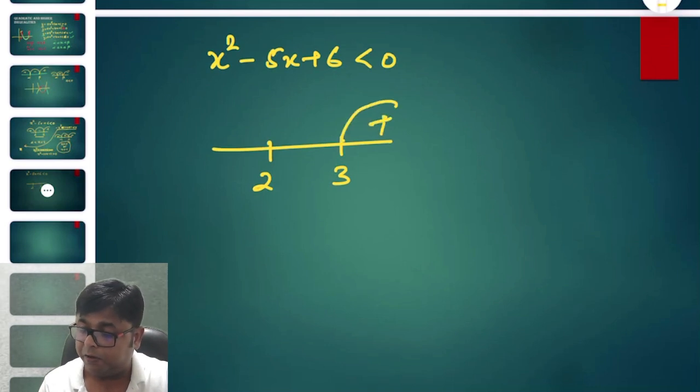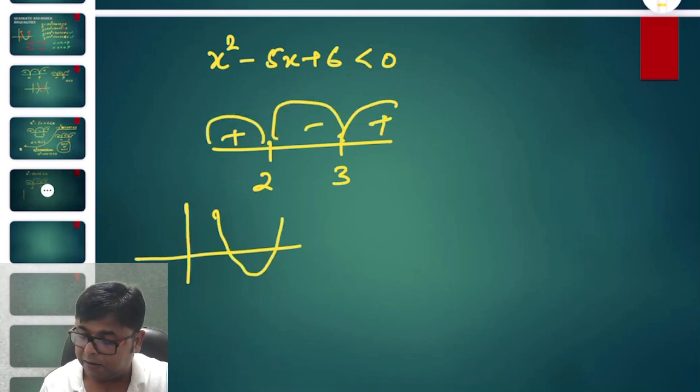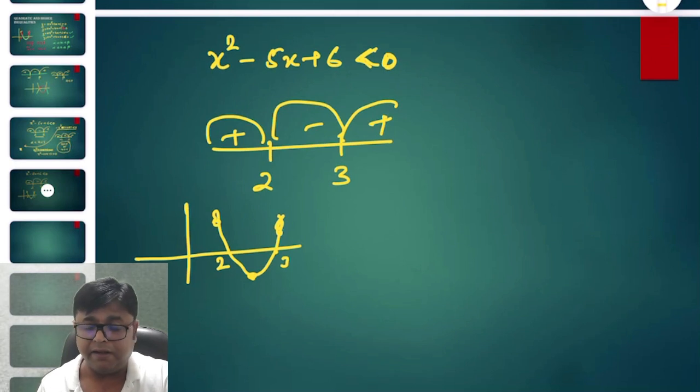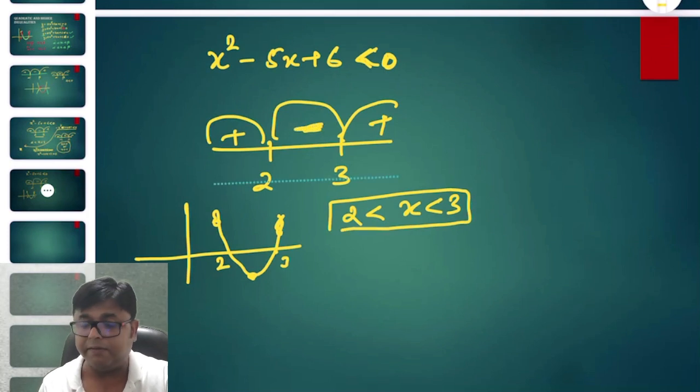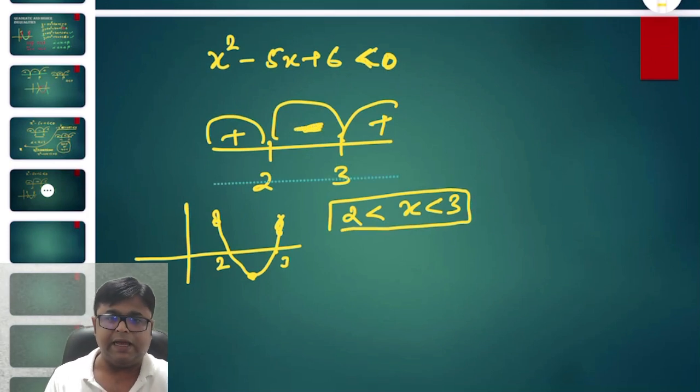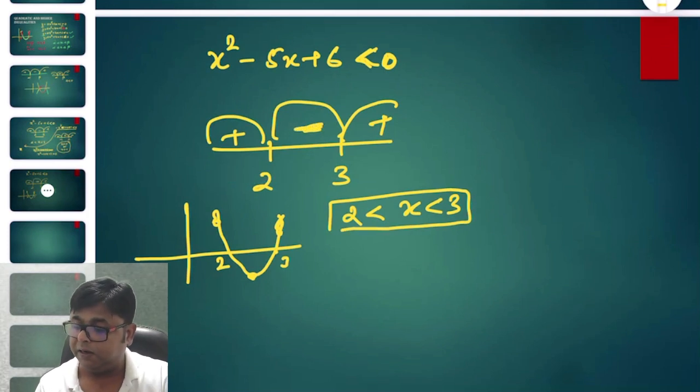So here it will be positive, negative, positive through the curve only, because if I make a curve with roots 2 and 3, it's positive, negative, positive. So I'm looking for less than 0, meaning the expression being negative, so the answer will be between 2 and 3. Here it is negative. So very easily I can understand the rule and solve it.